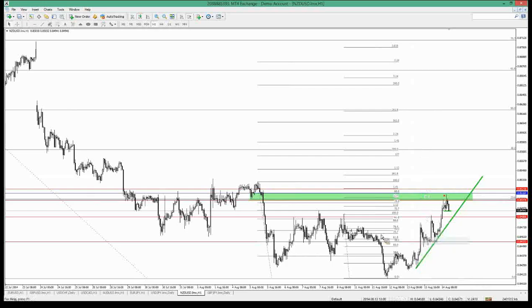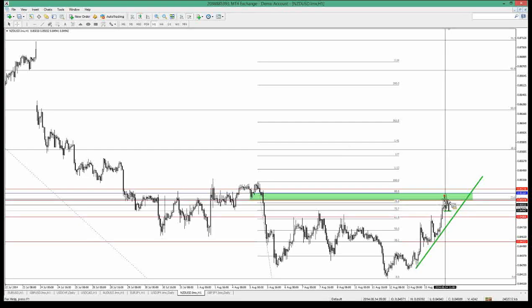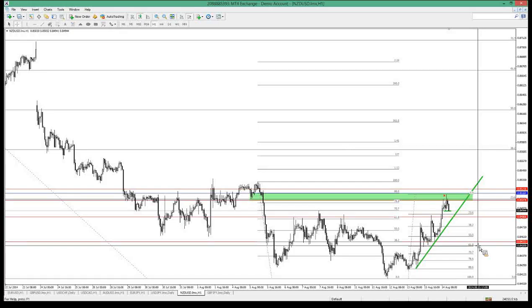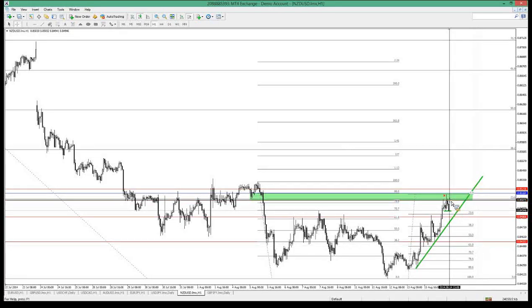I'd rather be a little bit more patient, just wait for the juicy ones. But yeah, if you're short there, you know where you're going to be. I don't know where you're looking to take profits, but if you got that in, then your pattern target would be down here, so it'd be about 57 points or something.